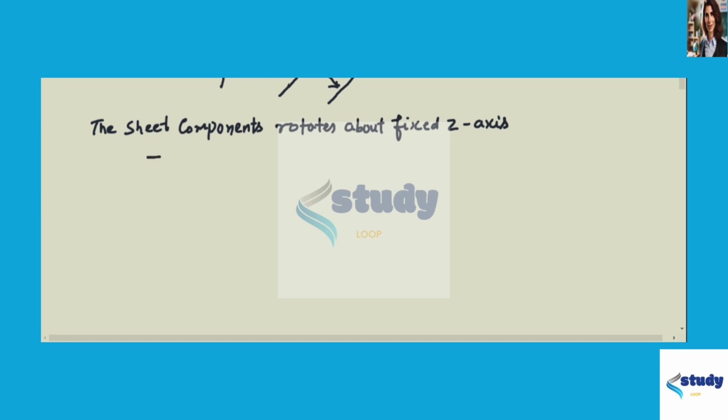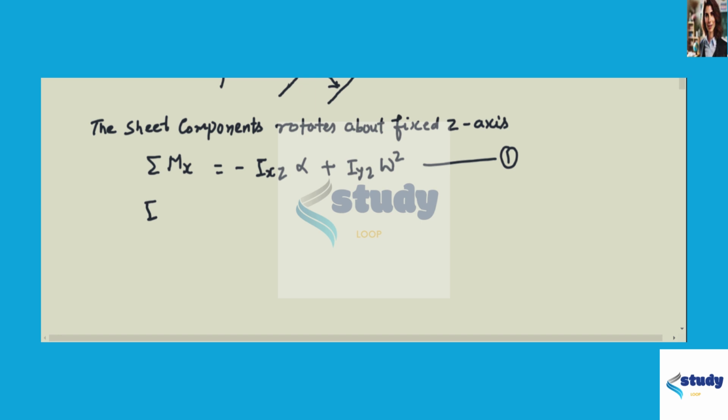So the summation of moment about the x-axis will be minus Ixz alpha plus Iyz omega square.